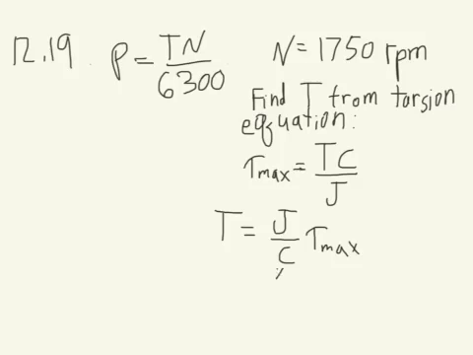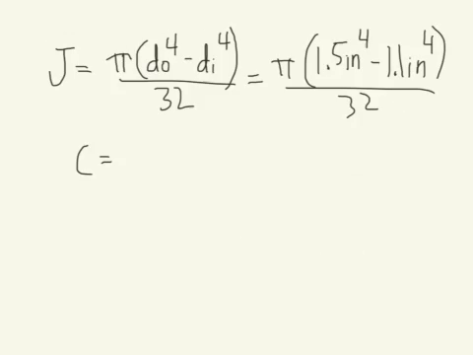We need to get C here. Don't be tempted to just put the diameter. Remember, C is the greatest distance from the center to the outside. So the maximum radius is really what C is. So that would be the diameter divided by 2.